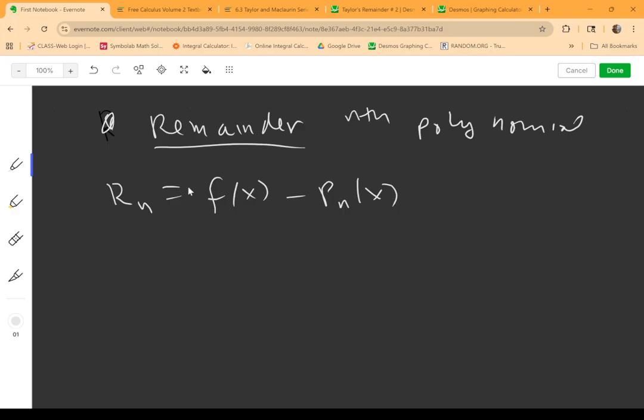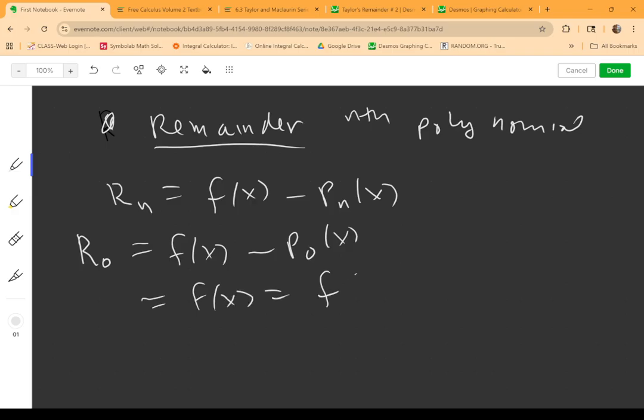The idea behind the remainder theorem is, if we think of R_0, it's really just f of x minus p_0 of x. The zeroth Taylor polynomial is just the function value at a.